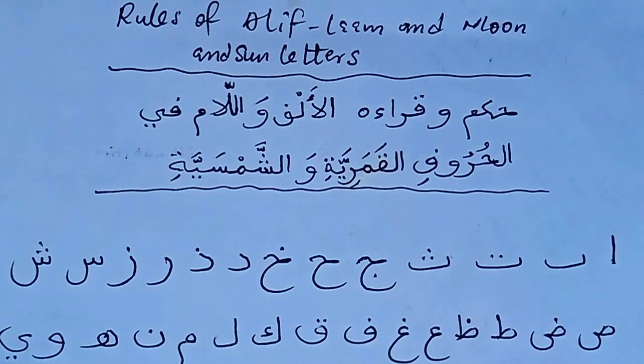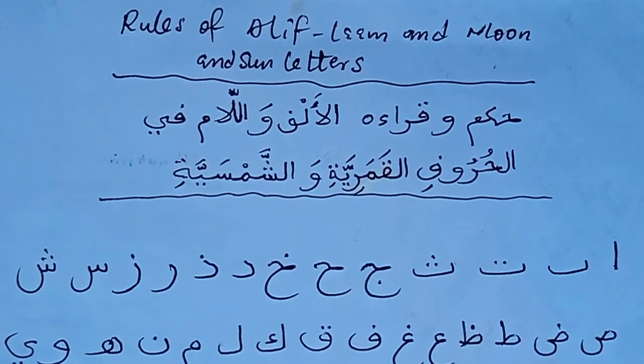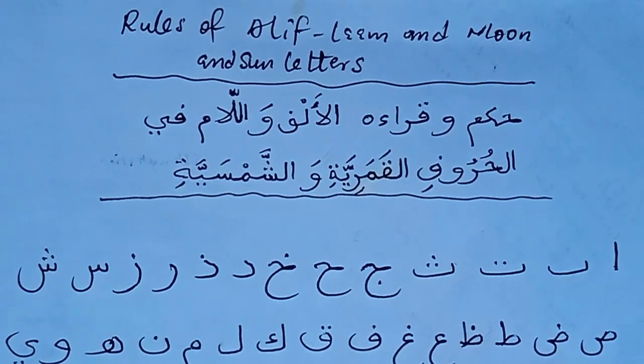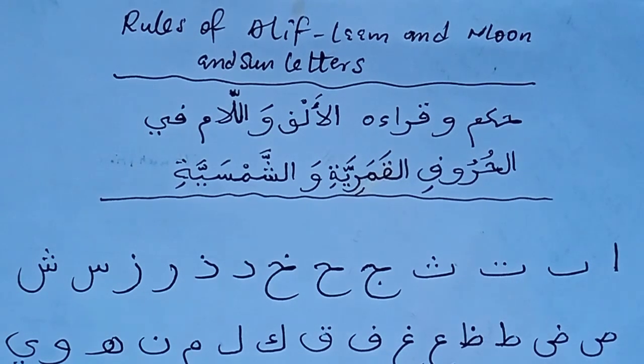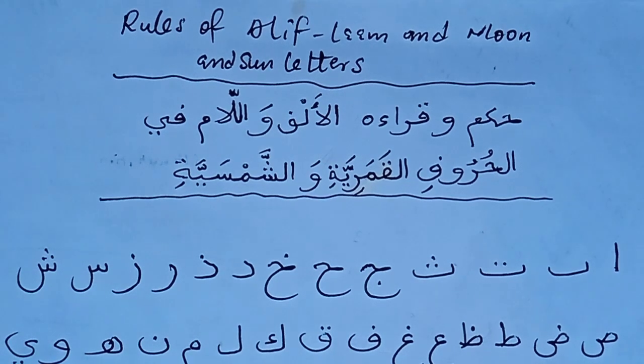As you can see over here, first thing first is to know that the Huruf Shamsiya and Qamariya, that is the sun and the moon letters, are simply extracted from the whole of the Arabic letters.